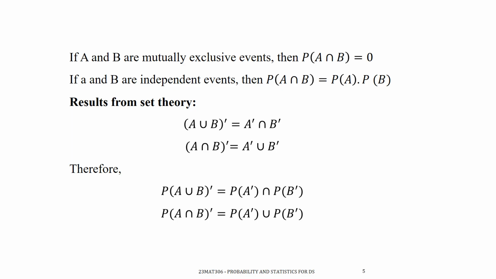We also use basic results from set theory to derive probability formulas, which will help us solve problems easily. If two events A and B are mutually exclusive, their intersection is 0, meaning they do not occur together. If A and B are independent events, then the probability of both occurring is the product of their individual probabilities. These results are very important and are frequently used in solving probability problems.